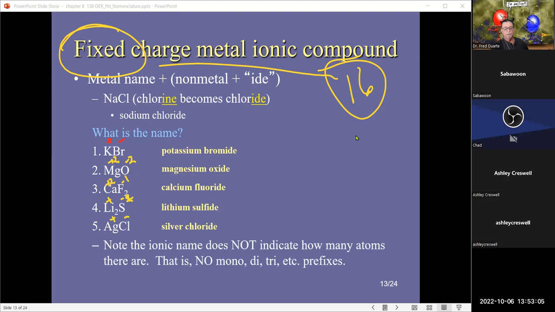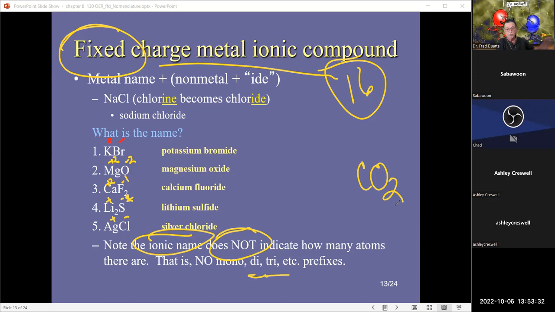All right. So notice also something about ionic compounds. Ionic compounds do not use any prefixes. Okay. No prefixes like di, tri, etc. Unlike covalent compounds, when we have the formula, this one is carbon dioxide. Okay, and that's a big difference here.